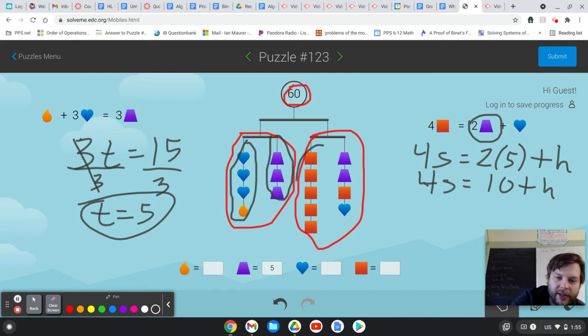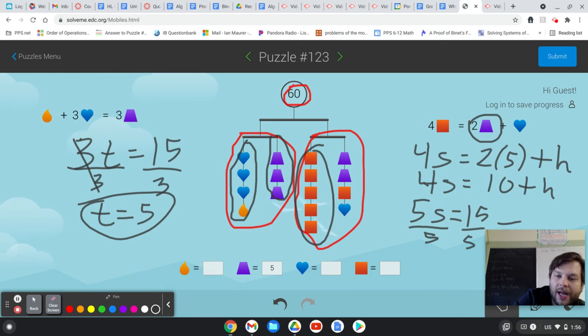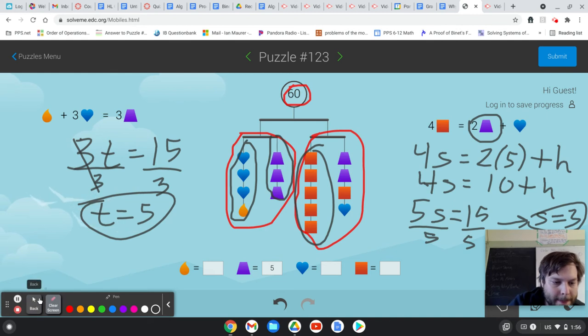On the right side, I've got 5 squares that is also equal to 15. It's just like when we solve the trapezoid equation, we divide by 5, and now we get square is worth 3. Okay, we're getting somewhere.